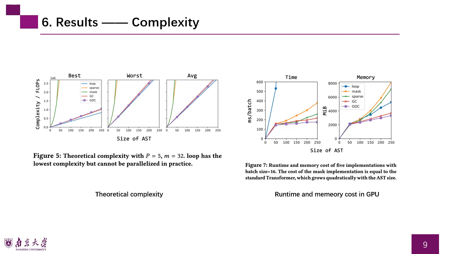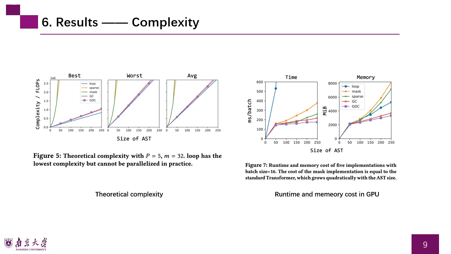For theoretical analysis, we use FLOPs, or floating point operations, as the indicator and analyze the 5 algorithms on random trees. As can be seen, loop has the lowest complexity but cannot be parallelized. Mask and sparse grow quadratically with the AST size.